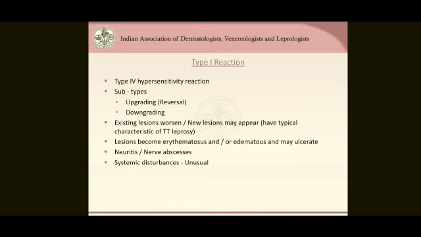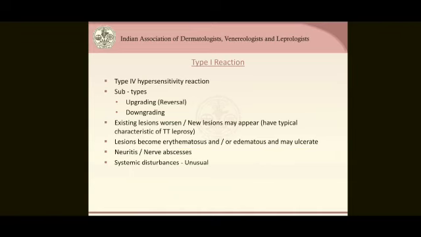Coming to the type 1 reaction, it is more so due to the type 4 hypersensitivity reaction. There are subtypes in it. One is upgrading, that is reversal reaction, or downgrading reaction. What are the clinical features? The existing Hansen's lesion may worsen or new lesions may appear which may have characteristic features of tuberculoid leprosy.